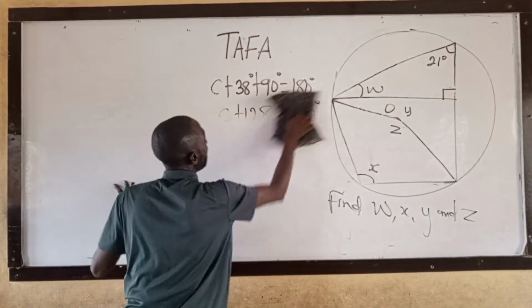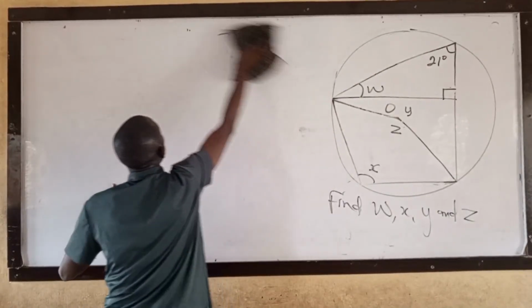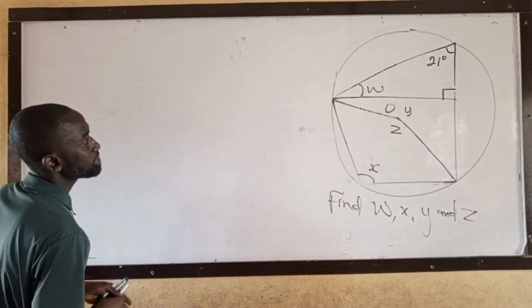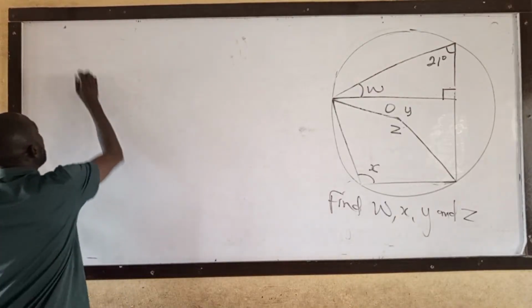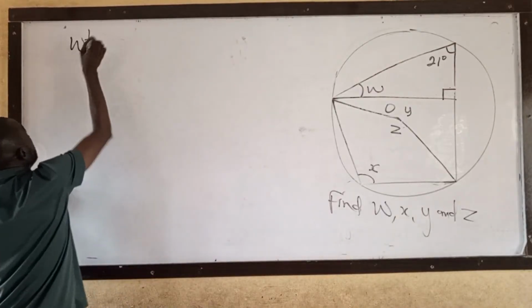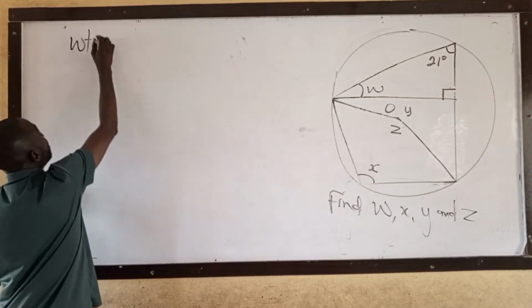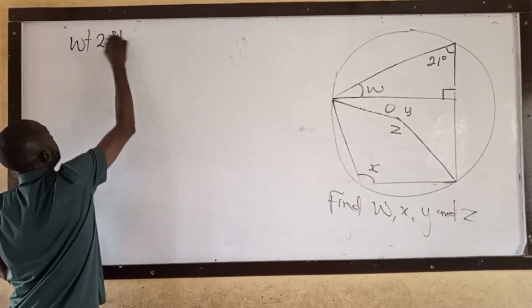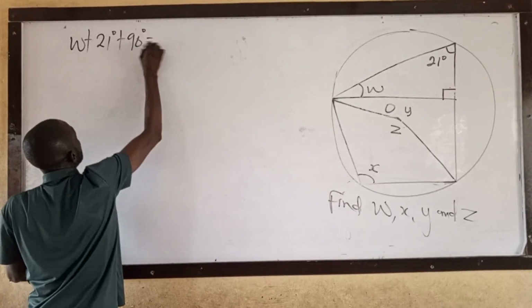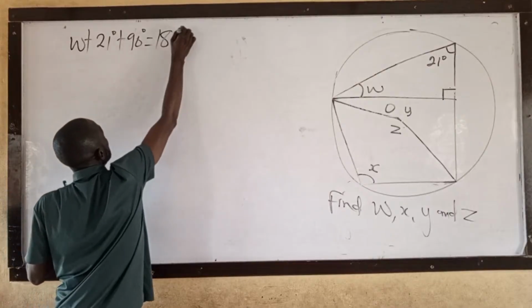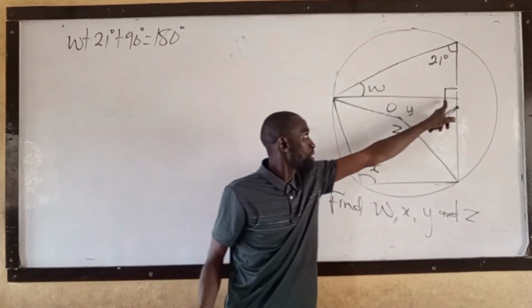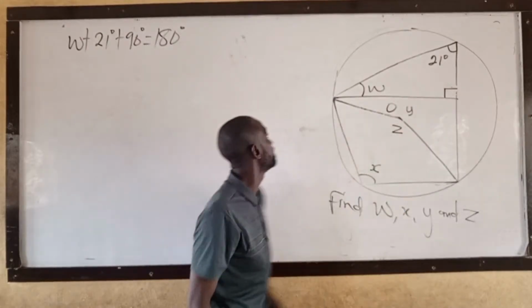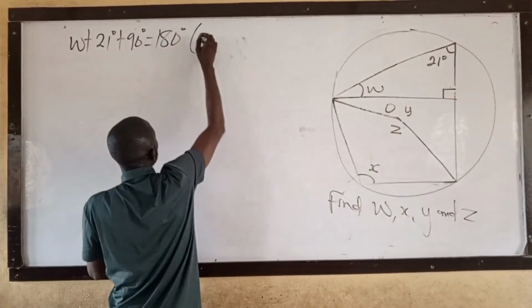So we have this. Our W plus 21 plus 90 gives us 180 degrees. This symbol is 90. So what's the reason? You must give the reason though.